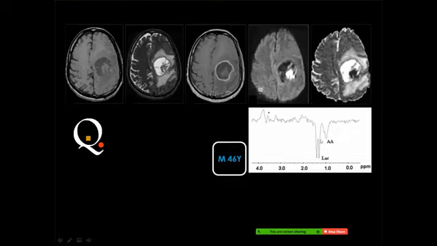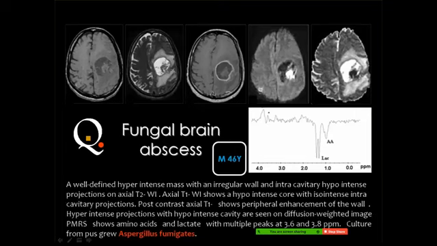You can see only the lactate and some amino acids and so on. Then you know that this is an inflammatory lesion, and because of the marginal enhancement, you say that this is an abscess. And if you go to the diffusion restriction and you do not see diffusion restriction, then you think of a fungal abscess.